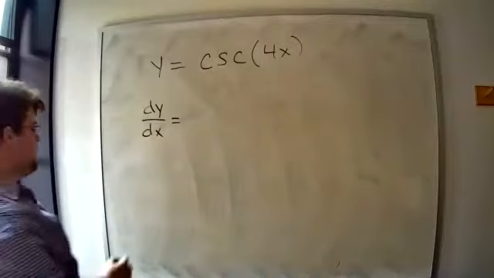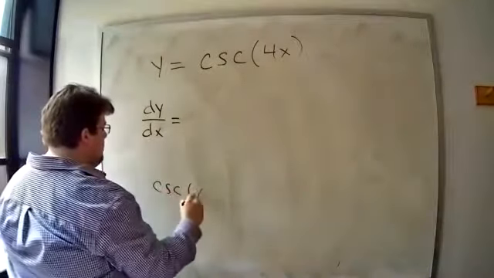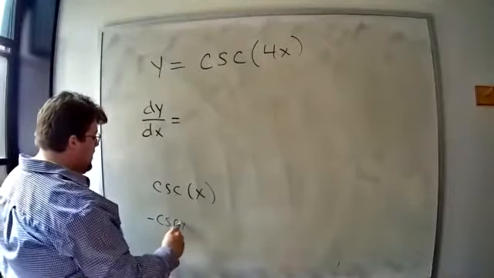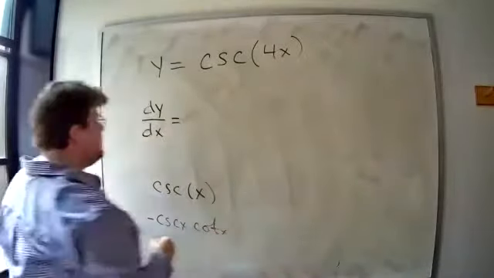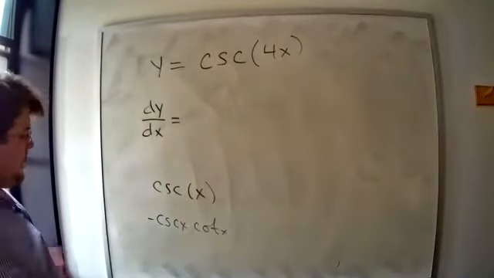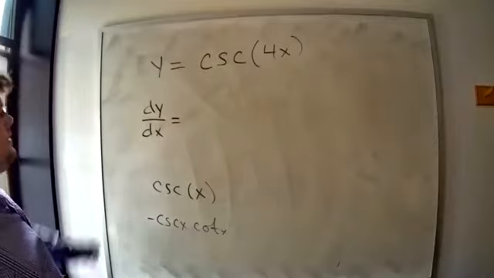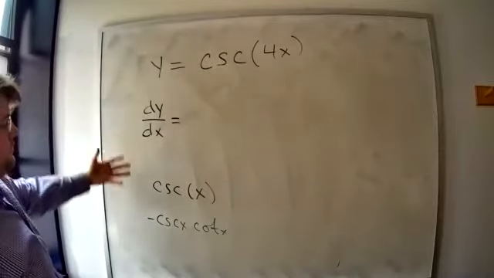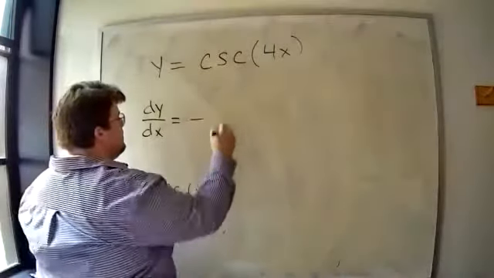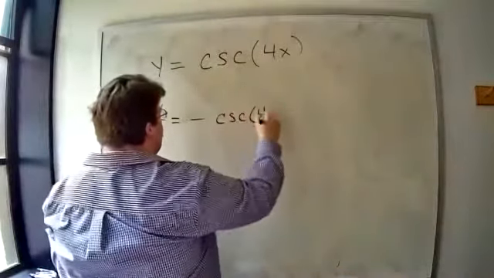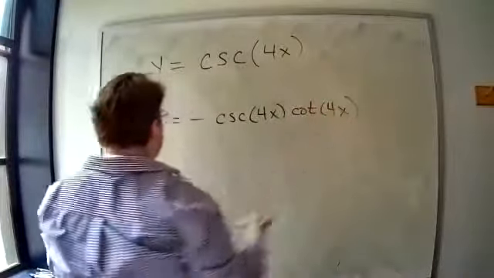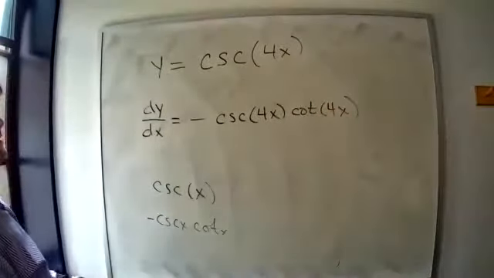We have a cosecant function. The derivative of cosecant x, remember, is negative cosecant x, cotangent x. So let's use our multiplying by derivatives of inside observation up here. We have a cosecant function, the derivative of cosecant is negative cosecant cotangent. So we have a negative cosecant 4x, cotangent 4x.